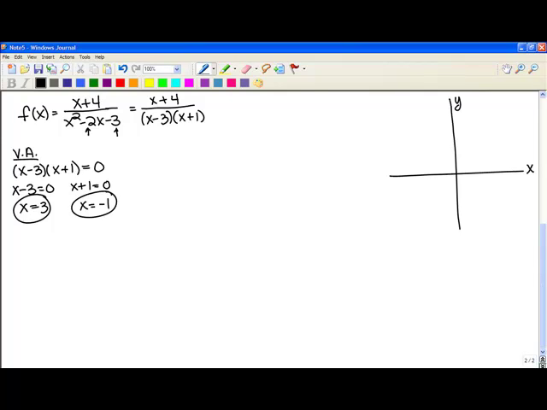On the graph, I'll label each one of these. So those are our two vertical asymptotes.